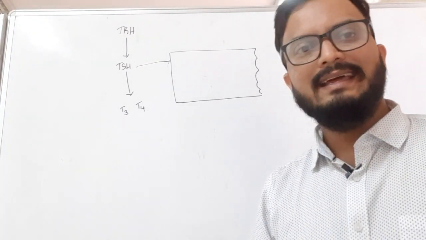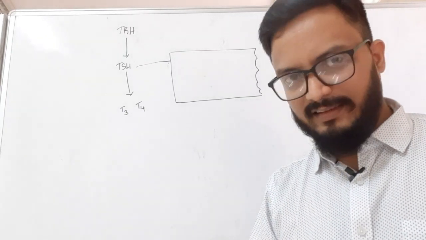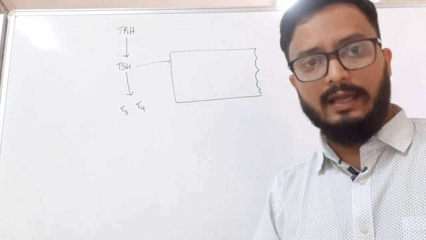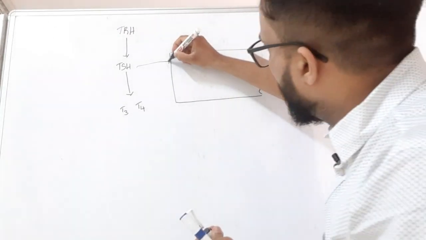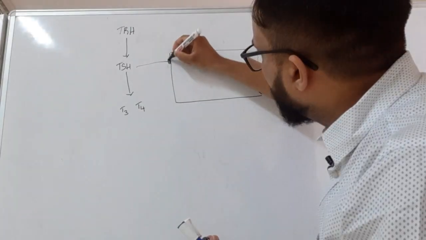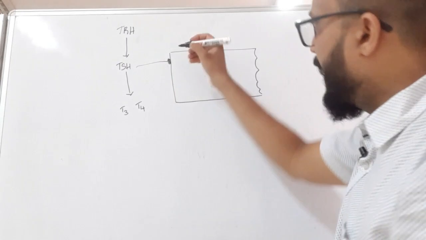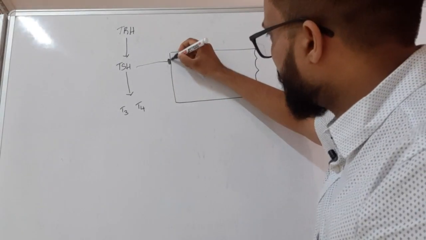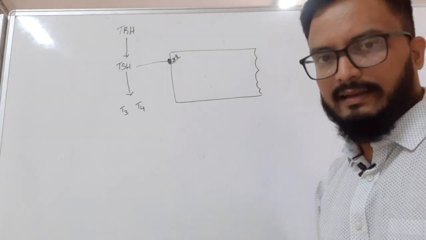Number one, it increases the iodine trapping, it increases the thyroglobulin synthesis. So, it acts on the follicular cell. We do have a receptor on the thyroid follicular cell for the TSH, and it acts via GPCR. So, it is a G protein coupled receptor.